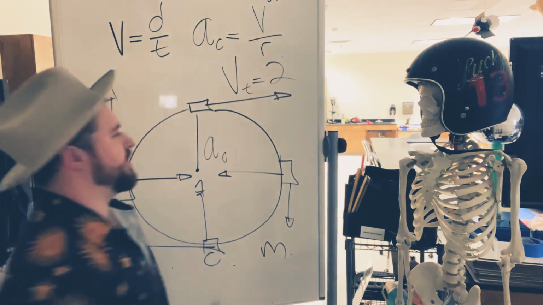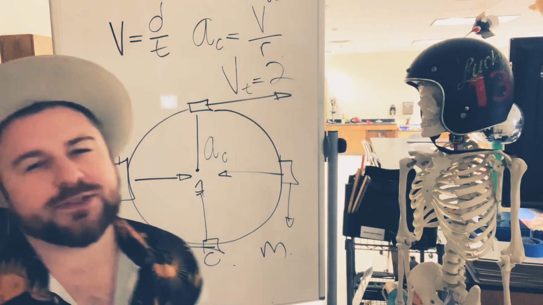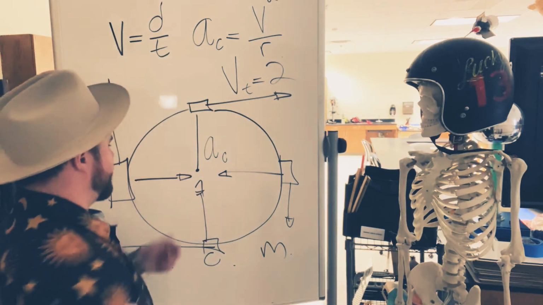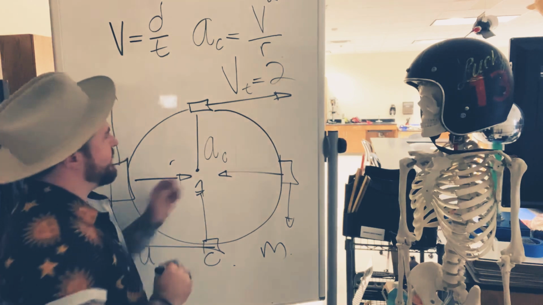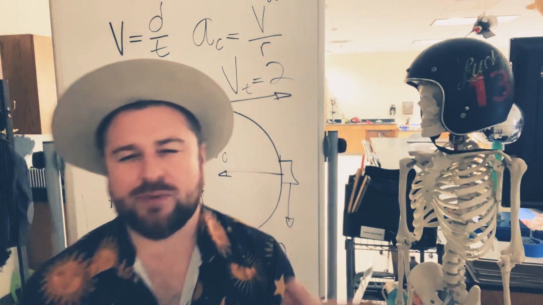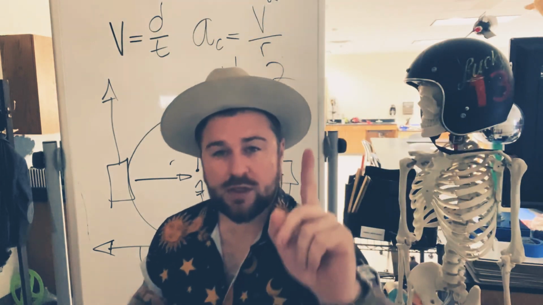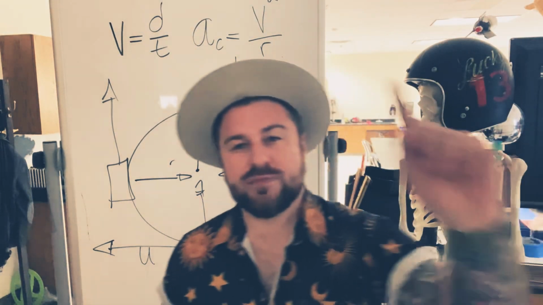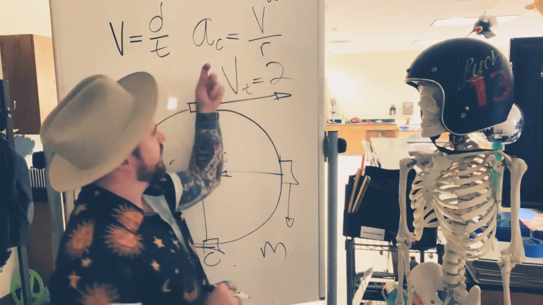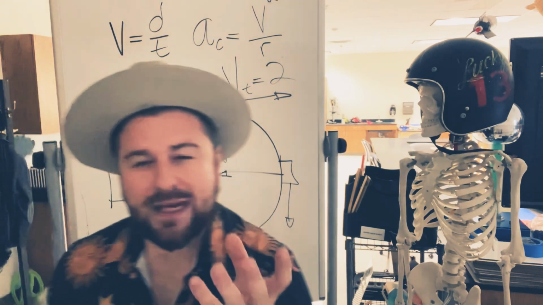Guess what r is, homie? That's right, it's the radius. Half the diameter of the circle. This right here, the radius. Square the velocity divided by the radius. It will tell you the acceleration of circular motion. This is the only formula that you need to know right now.